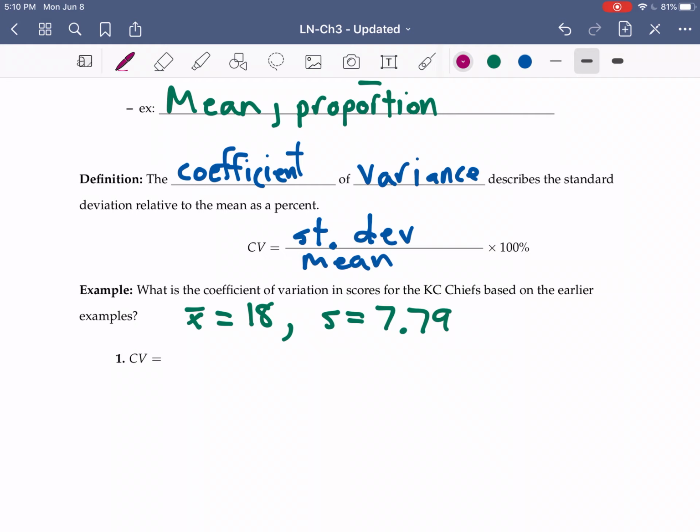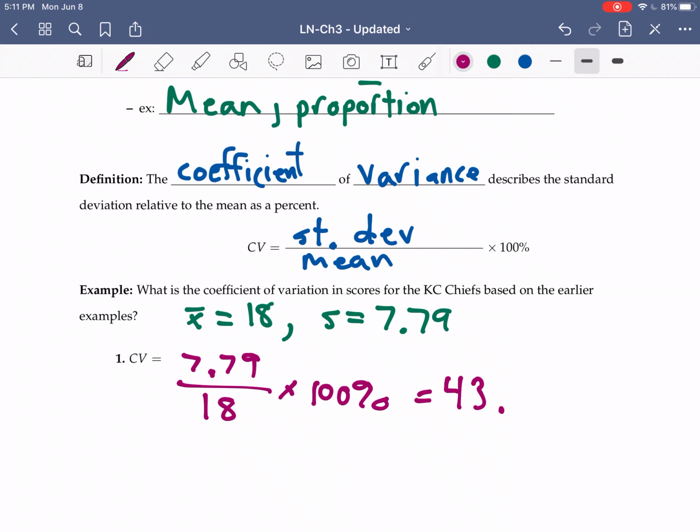And so if we want the coefficient of variation, we're going to take our standard deviation, 7.79, divided by the mean, 18, times 100, so that we convert it to a percent. We get something like 43.28%. 43.28% is our coefficient of variation.